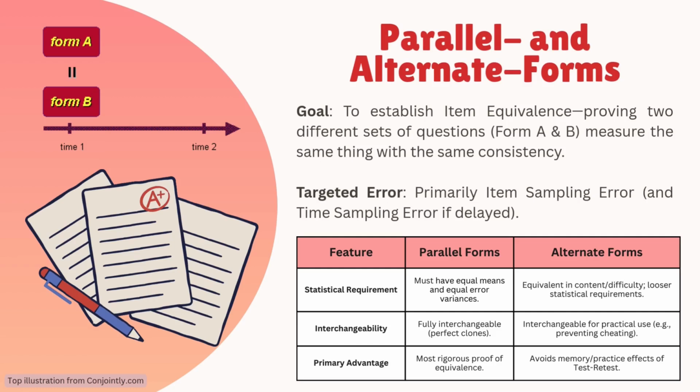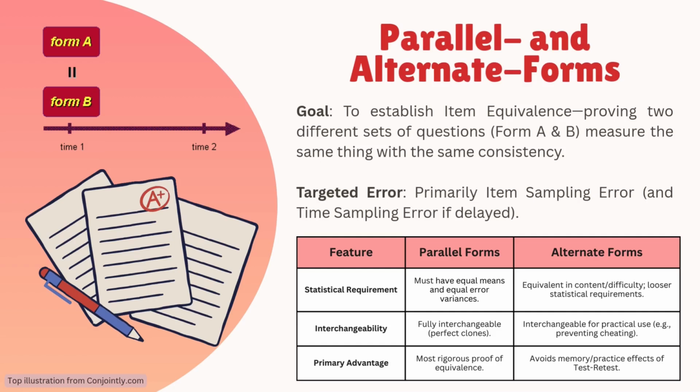Now, what about alternate forms? Alternate forms is the term used more frequently in practice because it has slightly looser or less strict requirements for statistical equality, basically making it easier to achieve. So these forms are still built to be equivalent in terms of content and difficulty, and they are used for the same purpose as parallel forms.